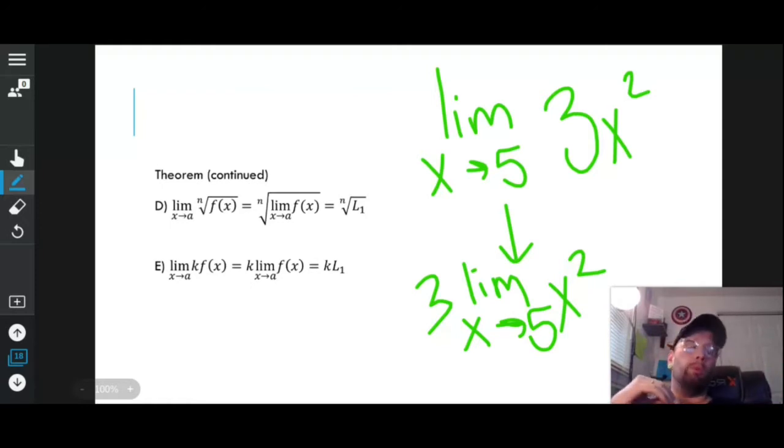We really don't. But these theorems are here saying I'm allowed to do that if I want to. And at the end of the day, I'm just going to still plug in 5 and multiply the whole thing by 3. It's just these rules exist, telling me I am allowed to do that in the moments that it seems convenient to do so. Whether we do that today or not, we'll find out.